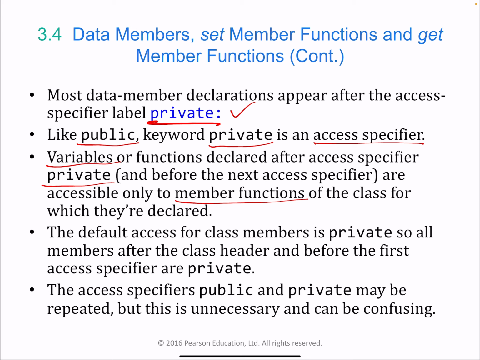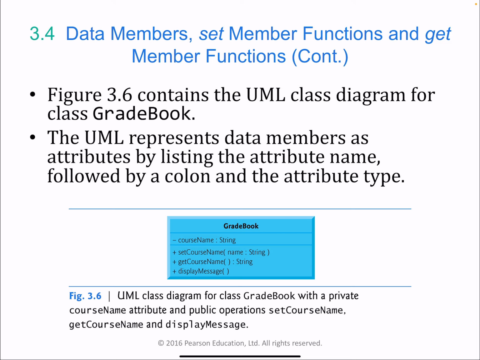Like I said, default access for class members is private. If you want it to be anything else, you have to specify that by using the public keyword. And as long as you don't add the private keyword, everything under public will remain public.